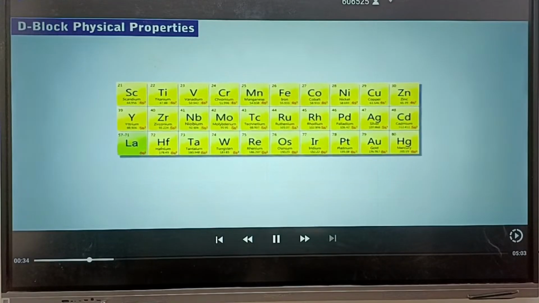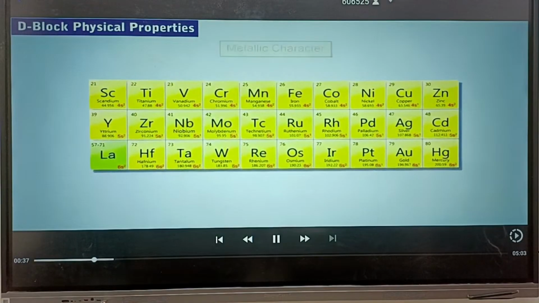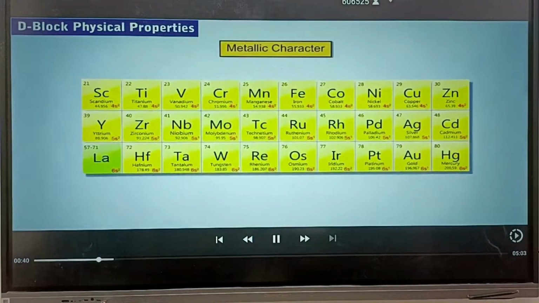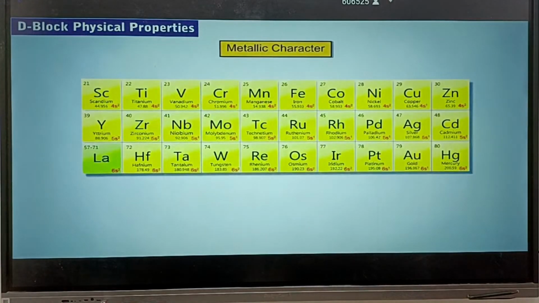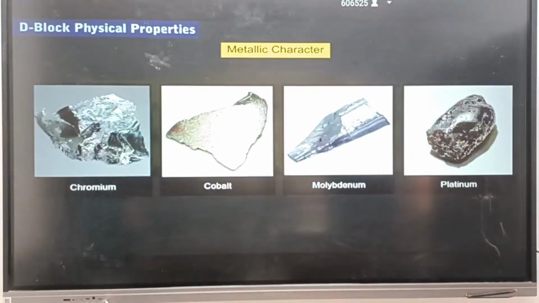Nearly all the elements exhibit typical metallic properties. First, let us look at the metallic character. As the number of valence electrons in these elements is very small, all of them are metals.